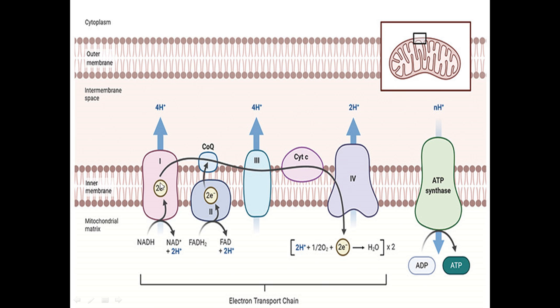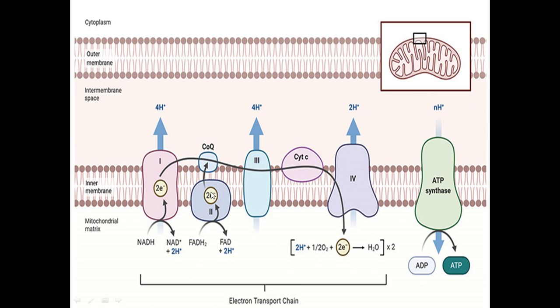Complex 1 takes electrons from the NADH and oxidizes it, and gives them to coenzyme Q and reduces it. So the name of complex 1 is NADH dehydrogenase, or it can also be termed NADH coenzyme Q oxidoreductase.